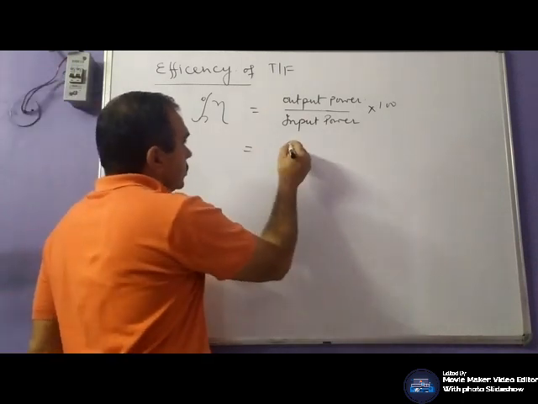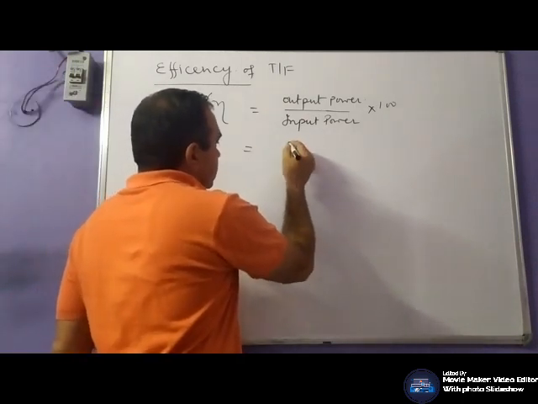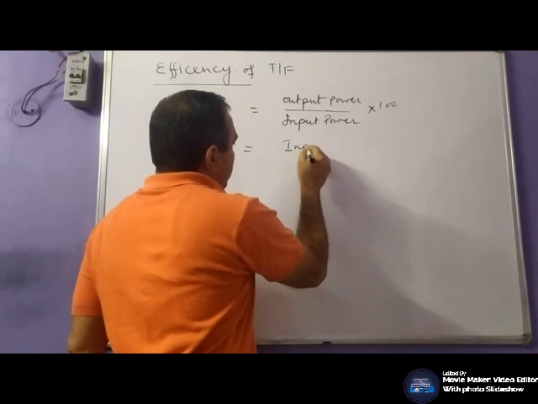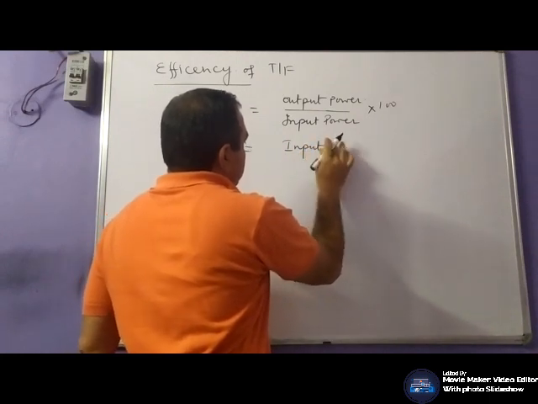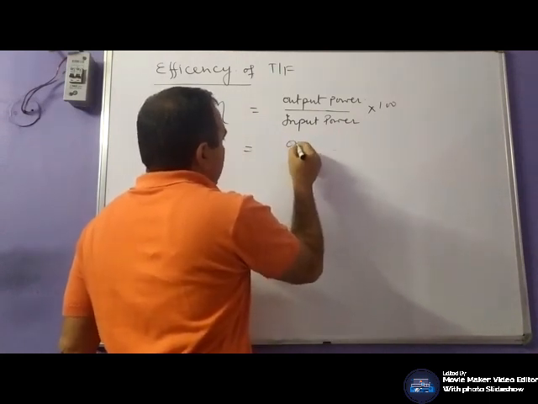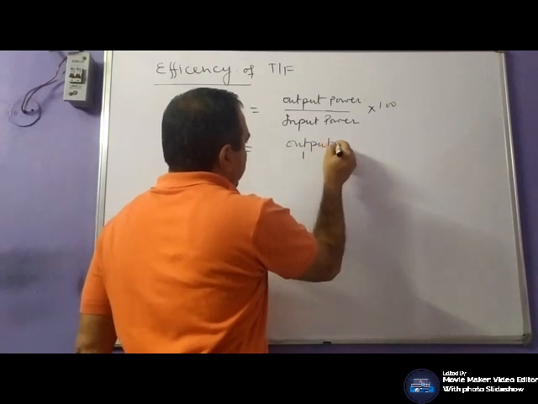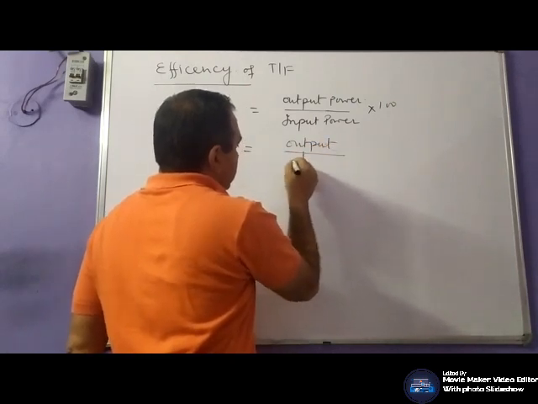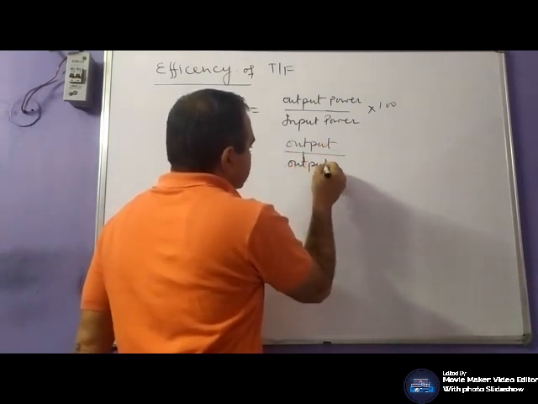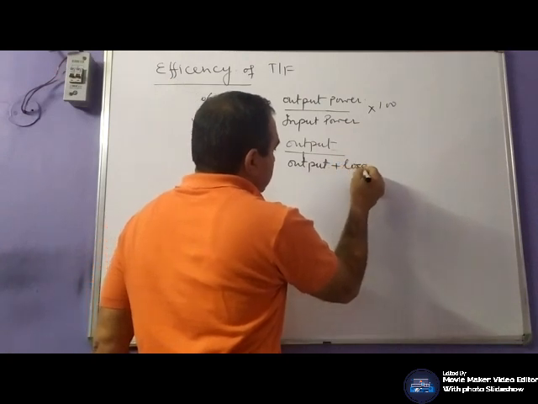Or this may be written as output divided by output plus losses.